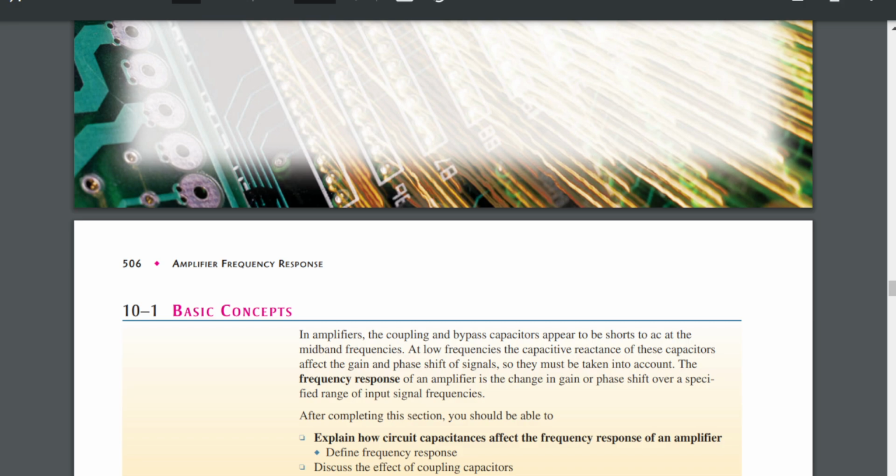When the AC signal is allowed to pass through the device, there should be a capacitor. When we give frequencies in different ranges, like low frequency and high frequency, we have to see what happens after applying high or low frequency AC voltage.